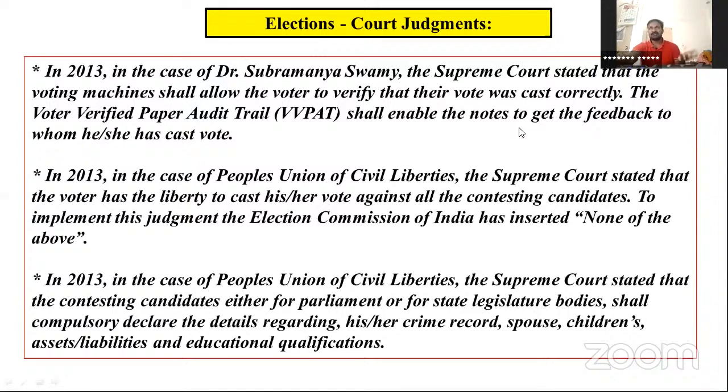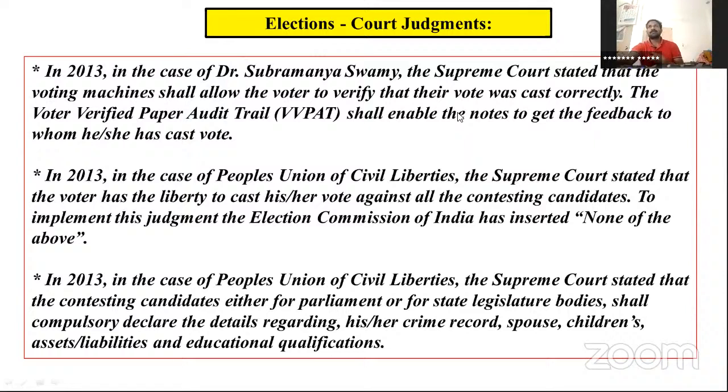Automatically that vote is cast to the particular person, but I don't know how it is recognized, how it is believed. In this way, this case was filed by Subramanian Swamy. Then the Supreme Court gave the judgment.